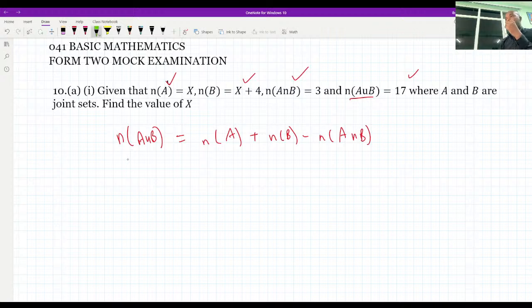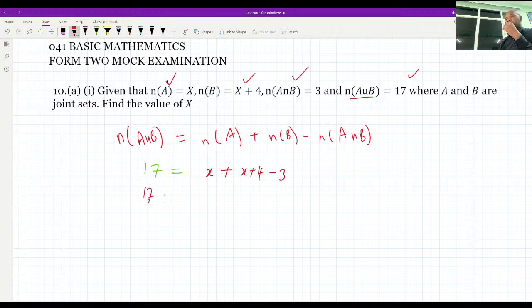So we were given number of A union B is 17. So 17 equals number of A, which is x, plus number of B, x plus 4, minus number of A intersection B, which is 3.